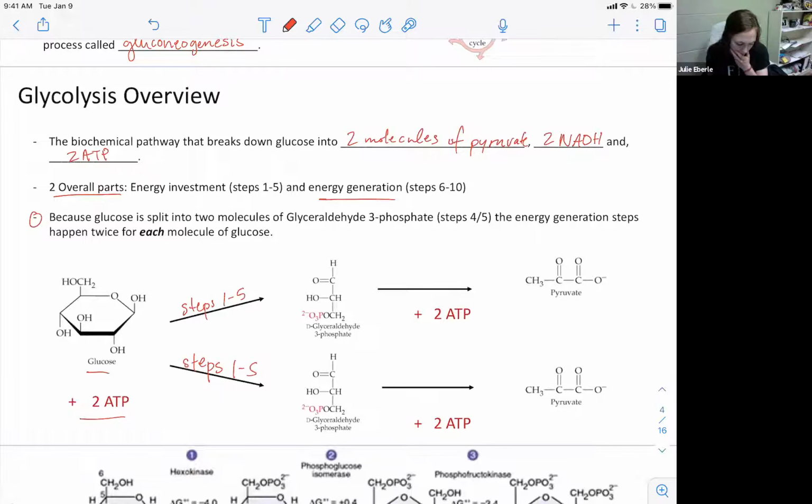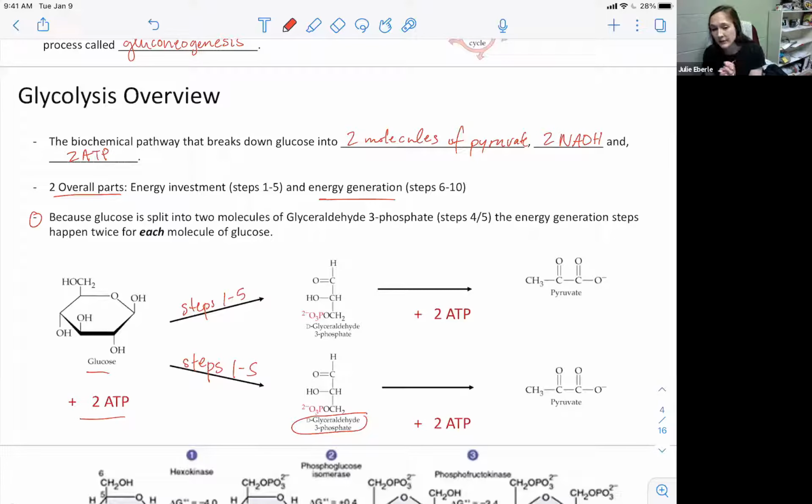So I don't want you to think this happens twice, but we do end up with 2 molecules of this glyceraldehyde 3-phosphate, okay? We do end up with 2 of those. We don't run steps 1 through 5 twice, but we do end up with these 2 molecules, and you'll see how in just a second, okay?